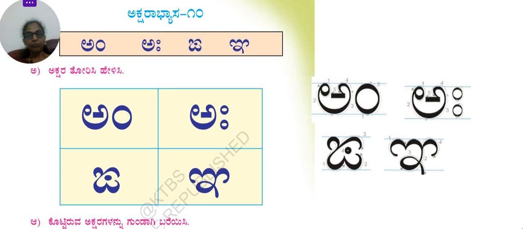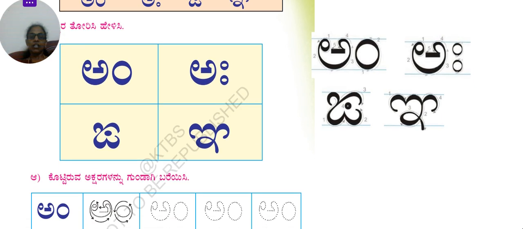So it is very simple. We have to first write the alphabet A and then write the circle next to it. I will show you how to trace it. This is stroke 1, 2, 3, 4 and 5.